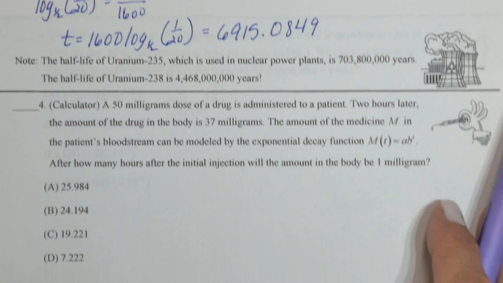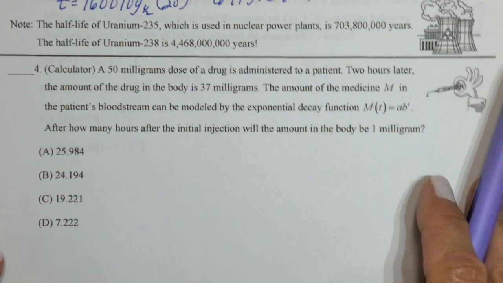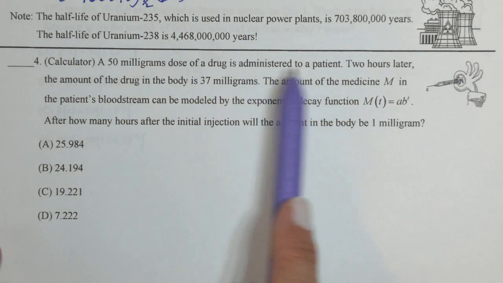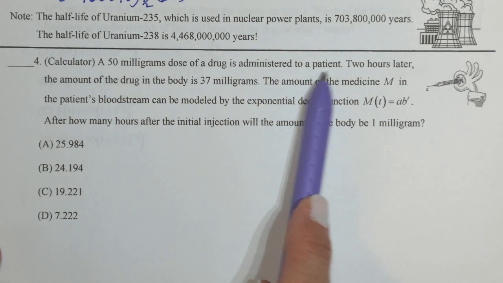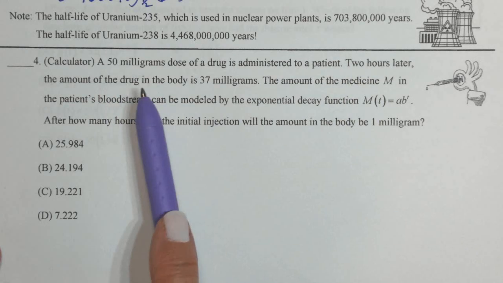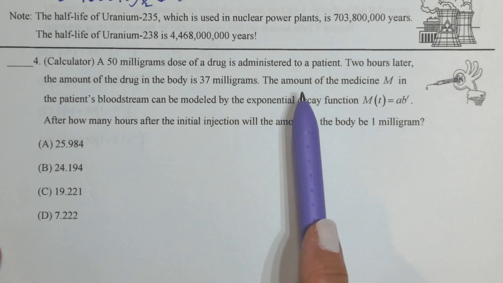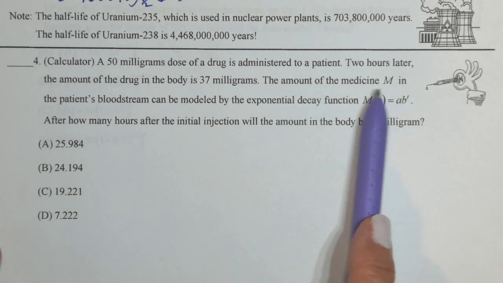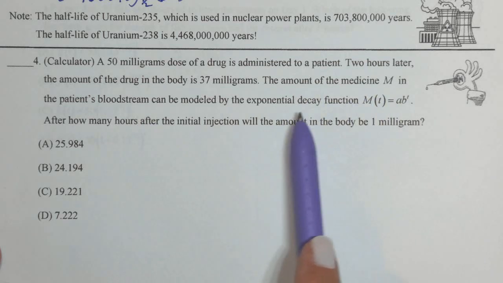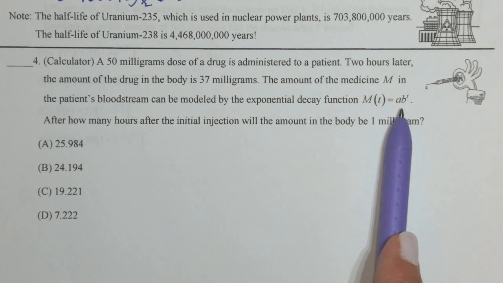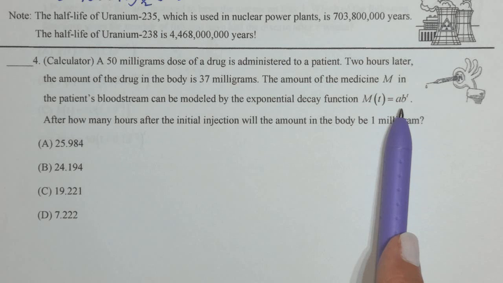Okay, number 4, another calculator one. A 50 milligram dose of a drug is administered to a patient. 2 hours later, the amount of drug in the body is 37 milligrams. The amount of medicine M in the patient's bloodstream can be modeled by the exponential decay function M equals A times B to the t.